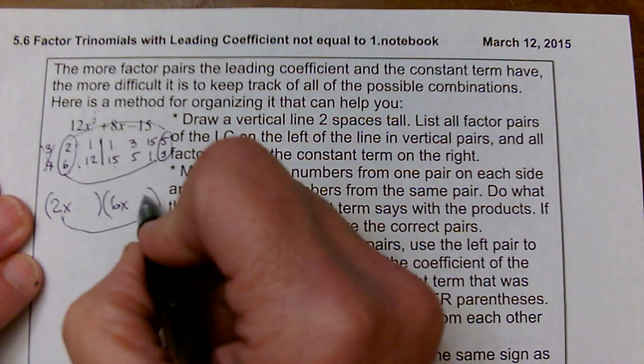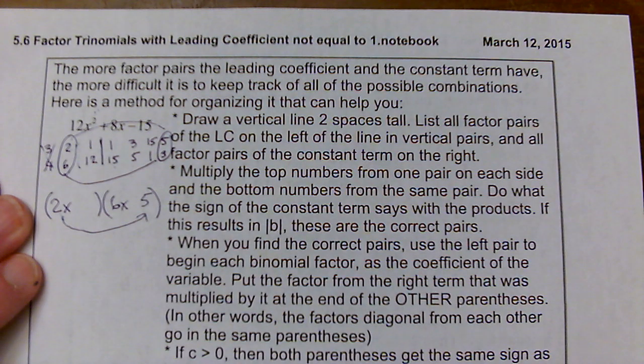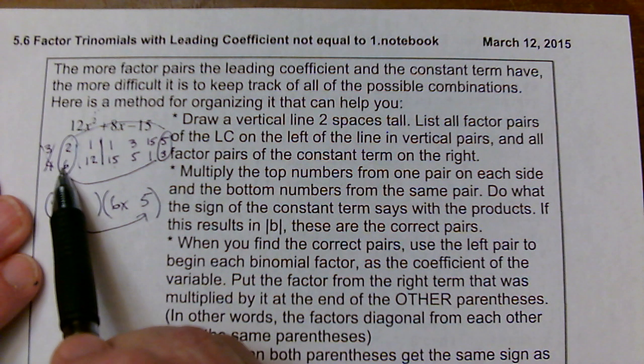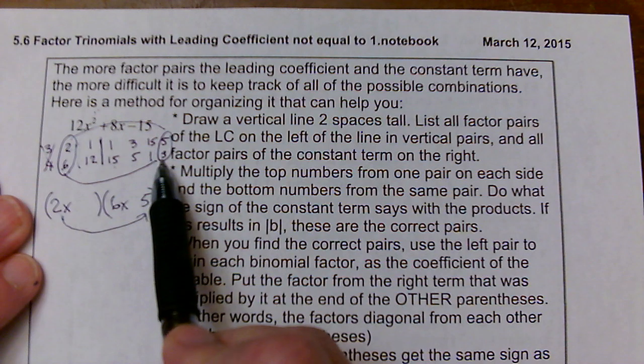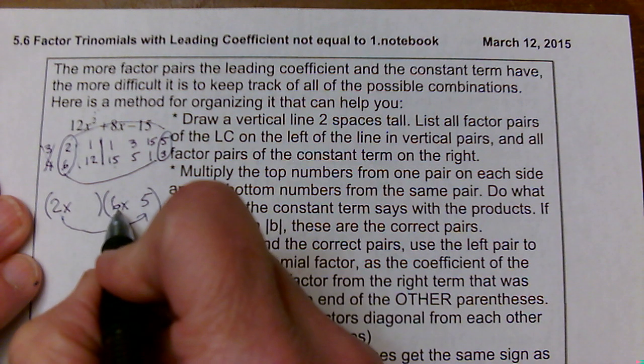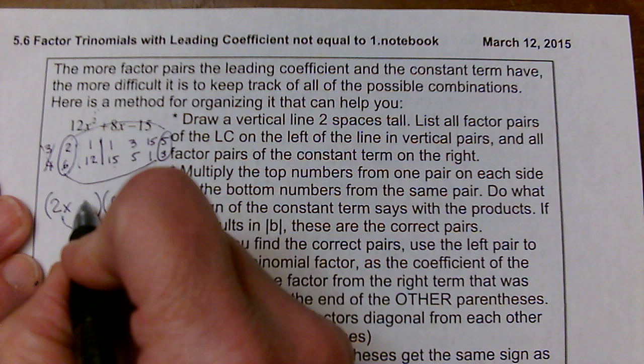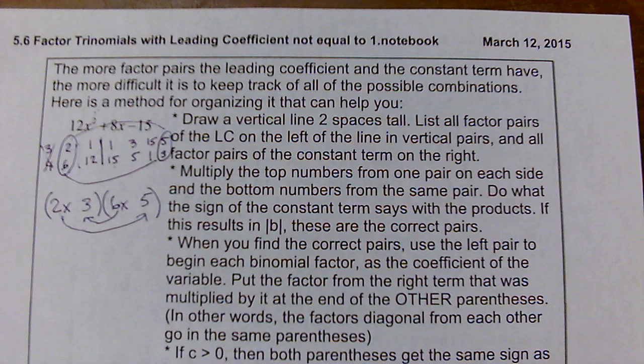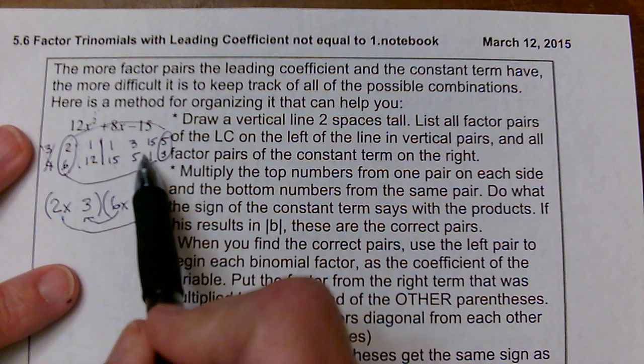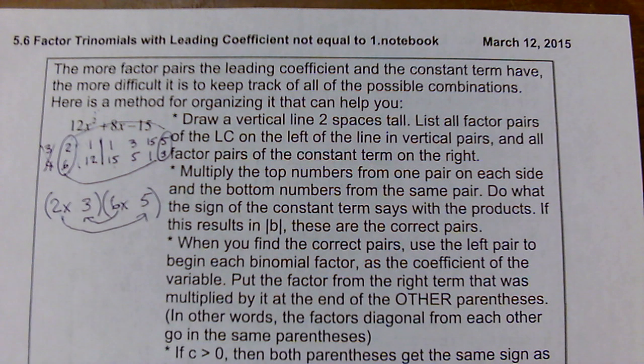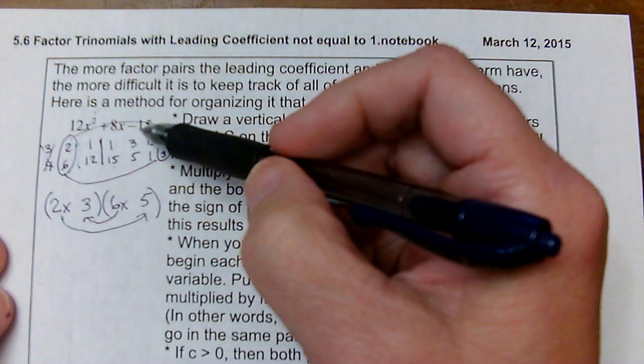So that means the 5 has to go over here. The 6 got multiplied by the 3, so that means they can't be in the same parentheses, so the 3 has to be over here. Another way you can think of it is the ones diagonal from each other go in the same parentheses.